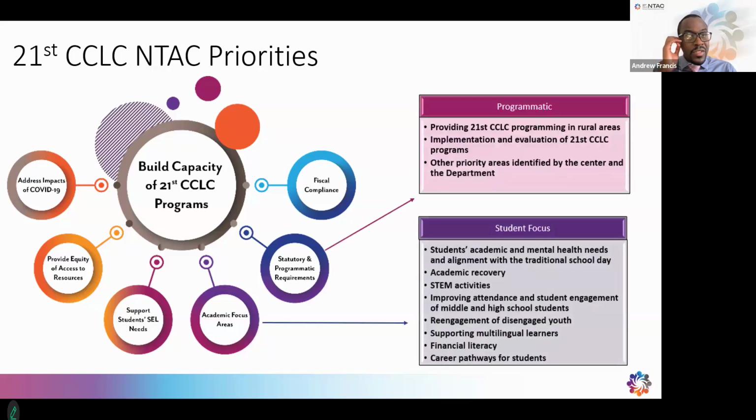That includes how you offer high quality STEM activities, re-engaging disengaged youth, financial literacy, and a host of other areas. And all in all, our work is to build capacity.